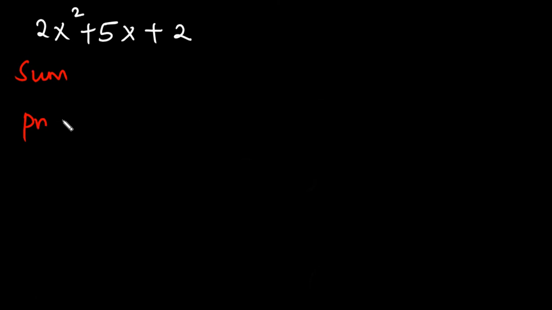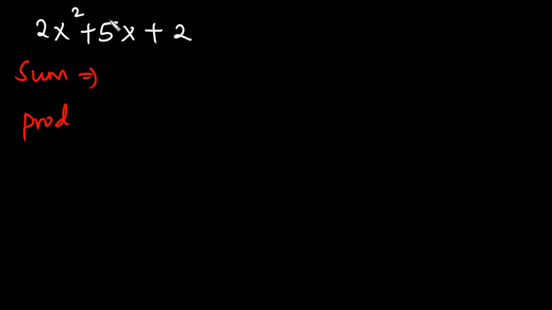So let's say we have 2x squared plus 5x plus 2. So that's a quadratic equation. So as we said, we are going to identify the sum and the product.